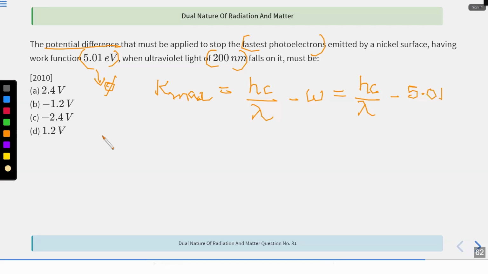Okay, so I'll further write this as, since it's related to electron, I can use the formula directly, 12375 by lambda, and it has to be in angstrom. This lambda must be in angstrom and not in nanometer.